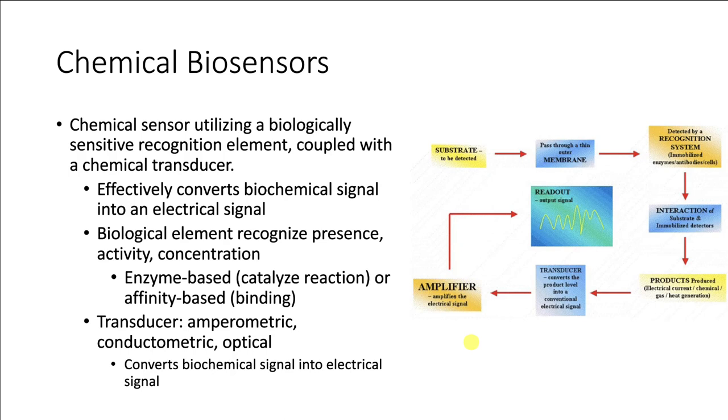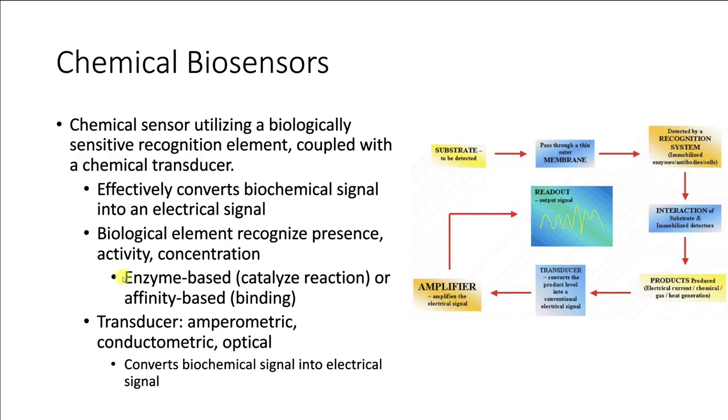A chemical biosensor is just a chemical sensor that uses some sort of biologically sensitive element combined with a chemical transducer. When a biochemical signal is generated, it gets converted into an electrical signal, and that's how we can determine the concentration of something in whatever we're testing. We'll usually use some sort of biological element.